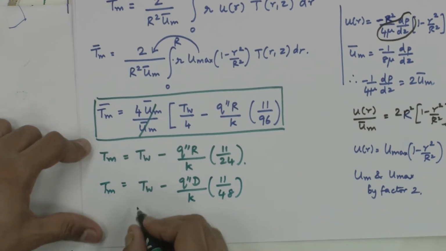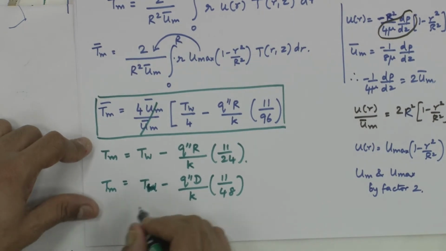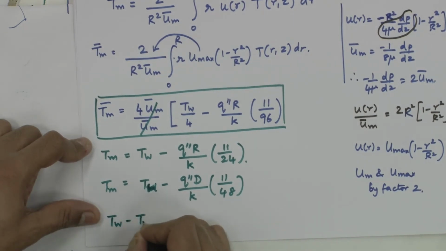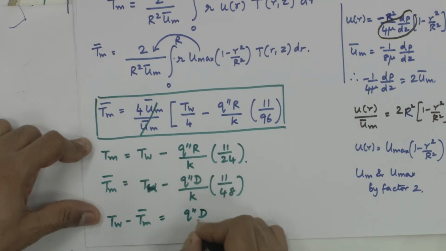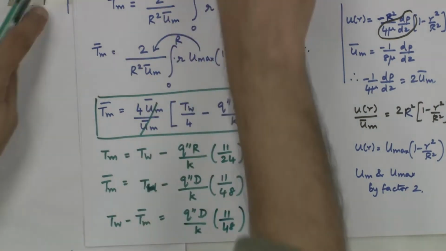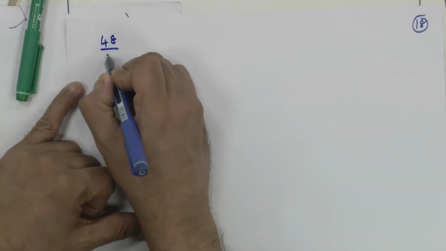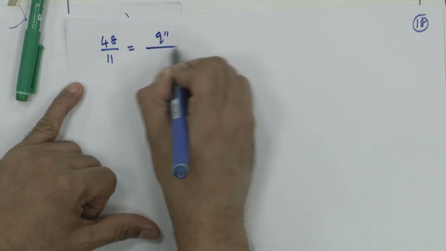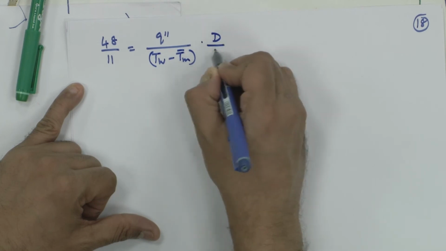And now, I am just going to do a little bit of manipulation. T wall minus T bulk mean is what I need. So, I take this q double prime d by k into 11 by 48 on this side. So, I get this part, and now I say what is my definition of Nusselt number? 48 by 11 is equal to q double prime by (T wall minus T bulk mean) into d by k.